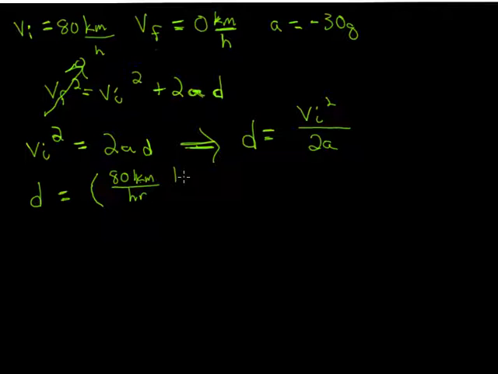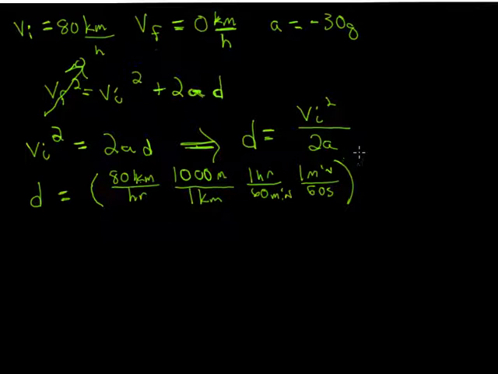That happens. We catch ourselves, right? So here, 1,000 meters is 1 kilometer. All right, good. 1 hour is 60 minutes, and 1 minute is 60 seconds, squared. And so the kilometers cancel. That'll give us meters per second. That's nice.